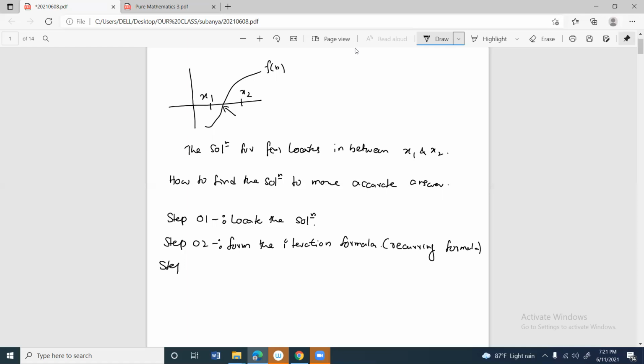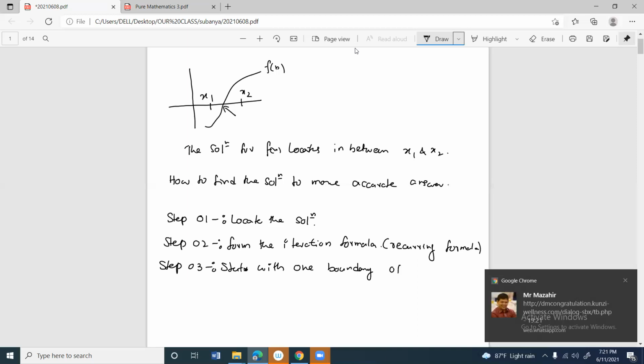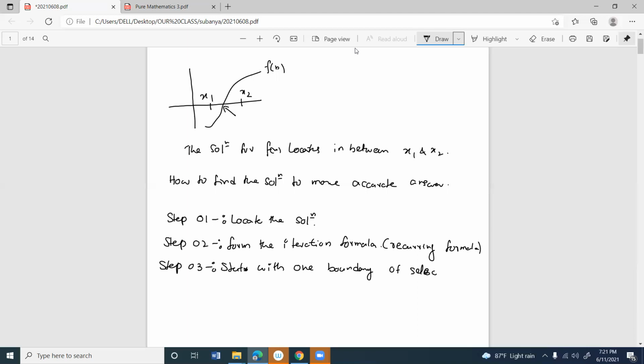Step three is to start with one boundary of the selected location. If you locate the solution between x1 and x2, you can use either x1 or x2 as the initial value to start this iteration formula. That is the starting point.